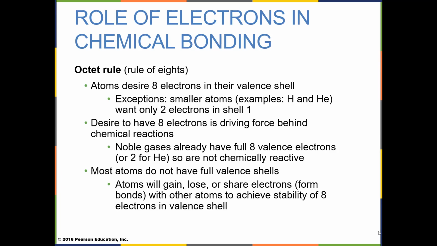Chemical reactions are driven by this need to fill up the valence shell. Since most atoms do not have a completely filled valence shell, they're going to do everything they can to gain electrons or lose electrons or share electrons to complete that shell, because they want to achieve absolute stability.